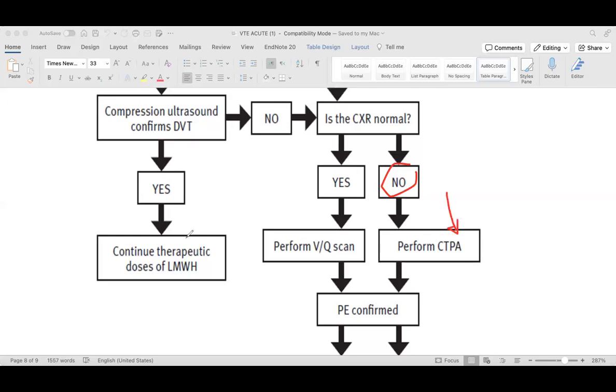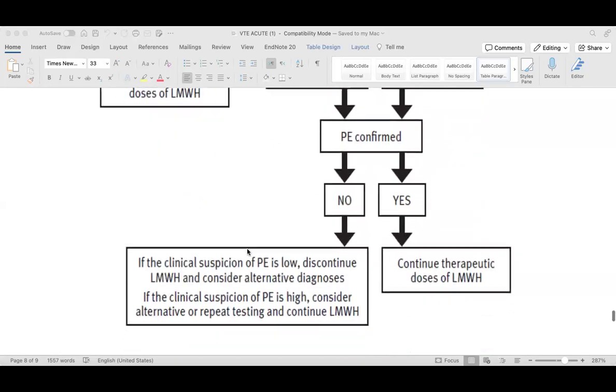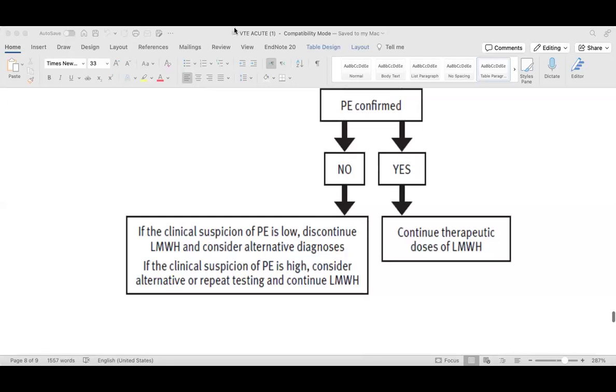If the pulmonary embolism is confirmed, everybody can now rest, and the patient will continue the therapeutic dose of low molecular weight heparin for 3 to 6 months according to her condition.